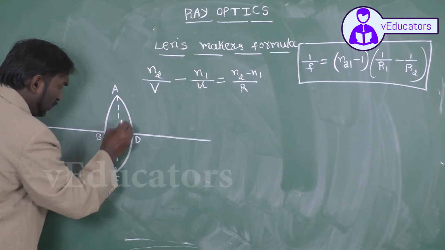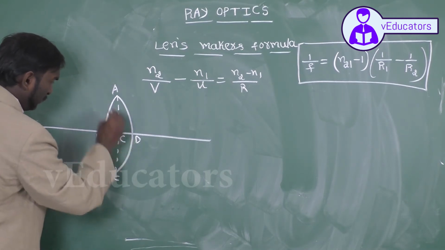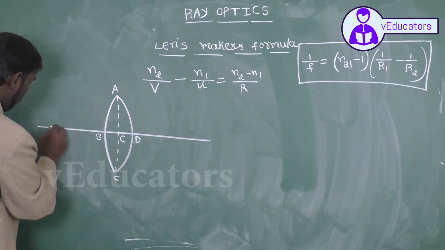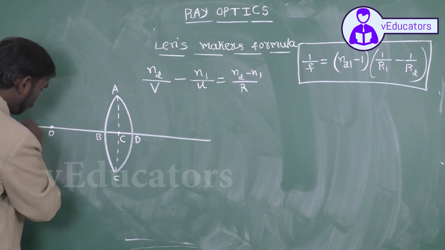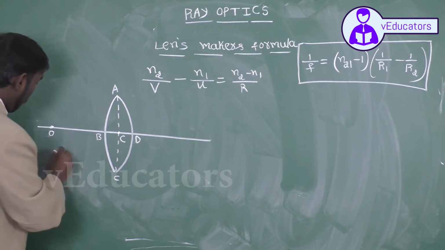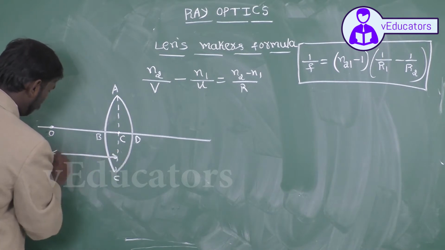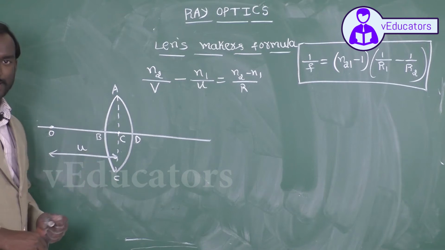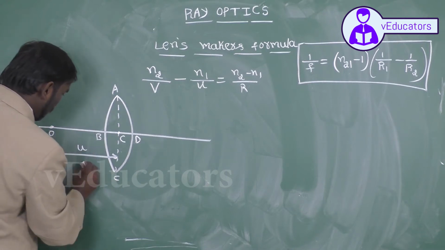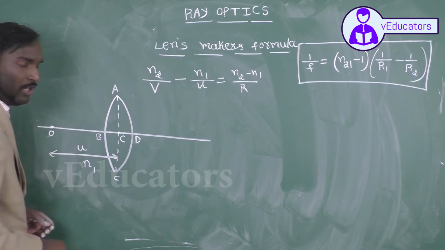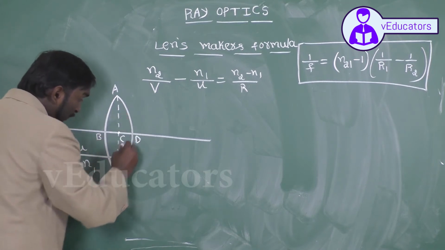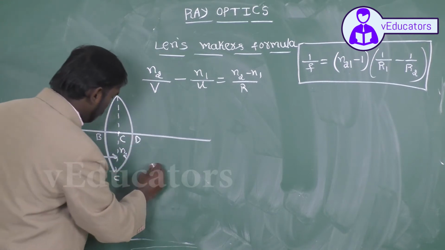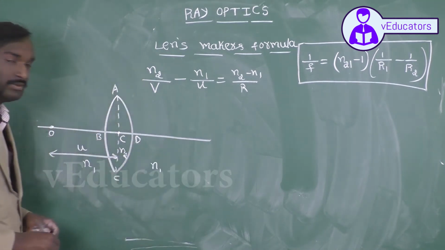And let this point be the optical center of this particular lens. I'll consider an object O at a distance of u from the optical center of the lens in a medium where the refractive index is n1, and the refractive index of this lens is n2. And again here the refractive index will be n1.